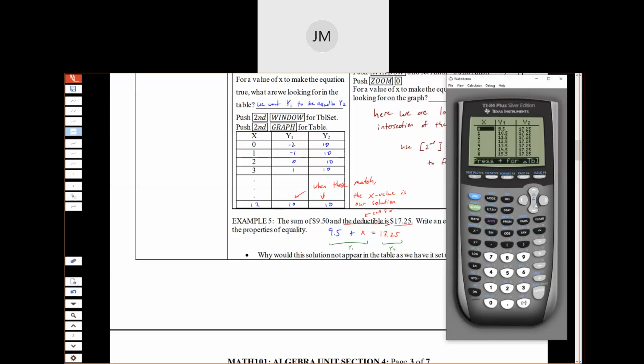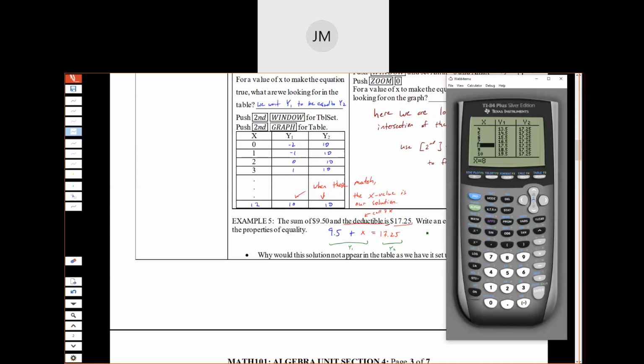Okay. And just like before, I need to scroll down, right? I can see my y values are getting bigger, getting closer and closer to the y2. Closer. And then, oh, wait, we went over. So I can see at 7, y1 is smaller than y2. At 8, y1 is bigger than y2 and getting bigger. But I don't have y1 equal to y2 anywhere in my table. And if I keep scrolling, I'm not going to find it. And so I would look at this and say, I feel like we have a problem here. And the problem is that my x values in my table are by default whole numbers.